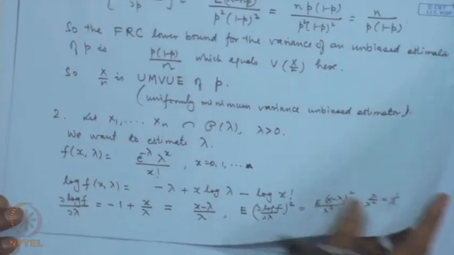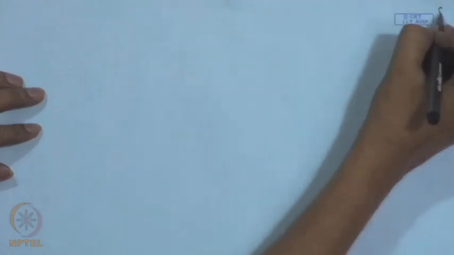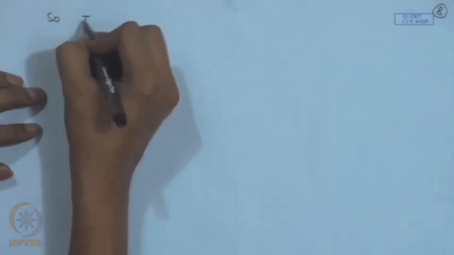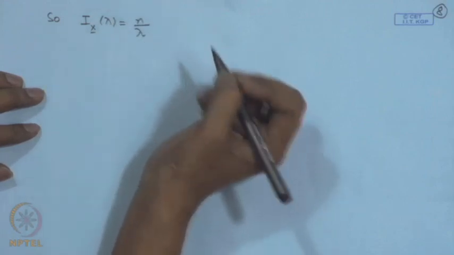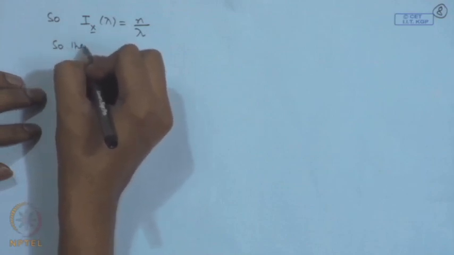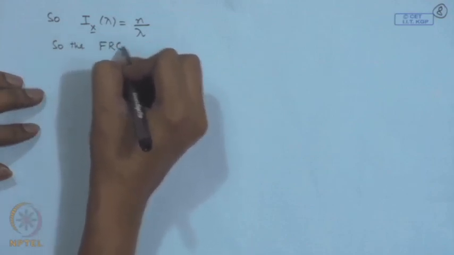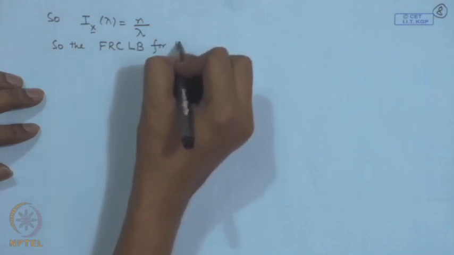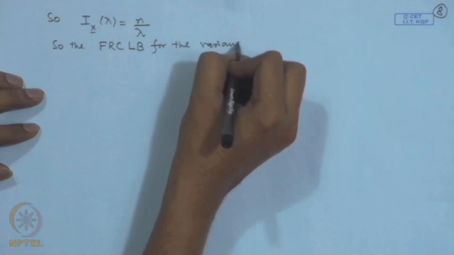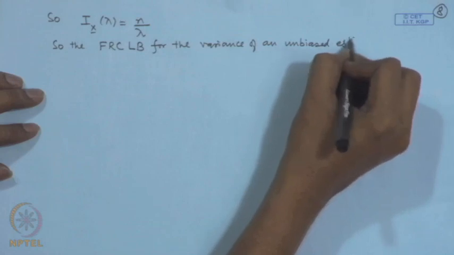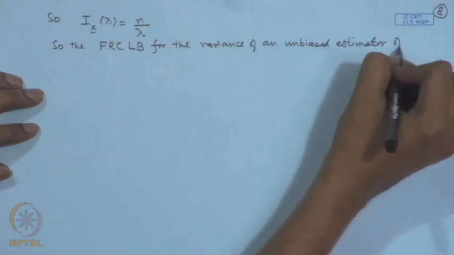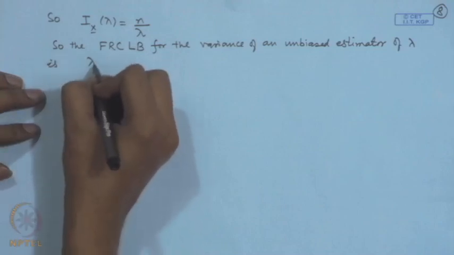That gives us the information as n by lambda. So, the FRC lower bound for the variance of an unbiased estimator of lambda is lambda by n.